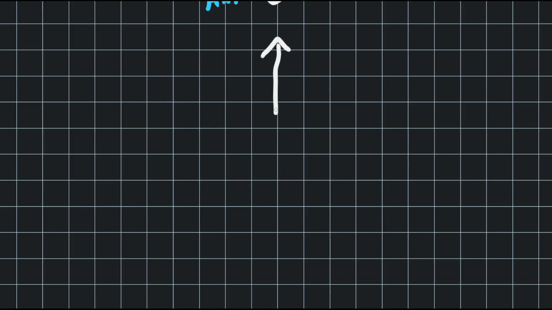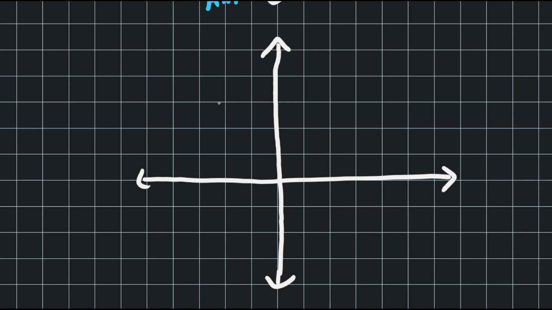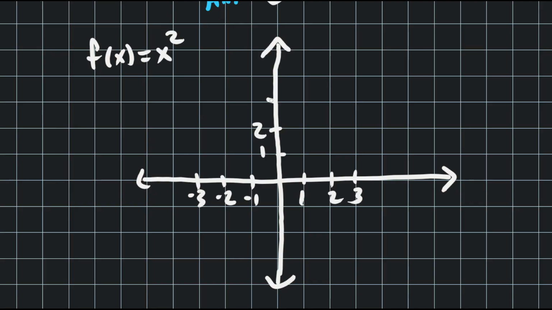So let's go ahead and graph a quick parabola, f of x equals x squared. Let's go ahead and label everything: -3, 1, 2, 3, and 1, 2, 3, 4, -1, -2, -3. Let's extend this a little bit, -4.